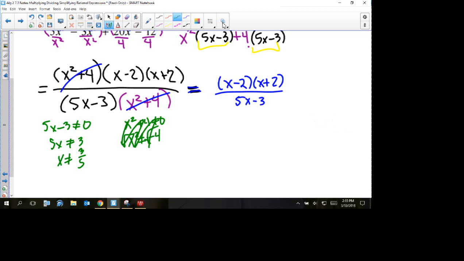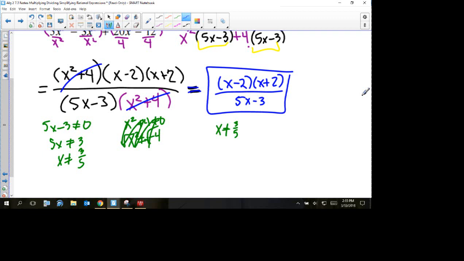What's the domain restriction now? x cannot equal 3/5. Is that different than before? No. So you don't need to say anything extra other than this is the answer, because they have the exact same domain restrictions. Some imaginary numbers canceled out, but you wouldn't see those anyway because they're imaginary.